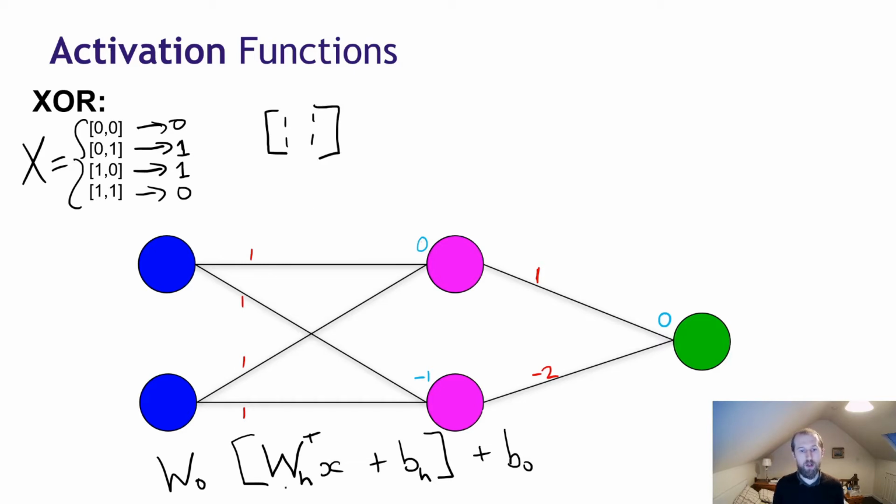So this is WH. Instead of just a little x, we're going to do the entire data set at the same time. So this is going to be 0, 0, that's this one, and then 0, 1, 1, 0, and 1, 1.